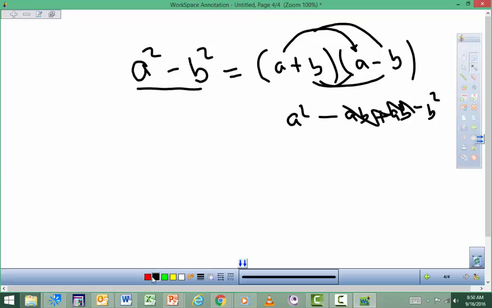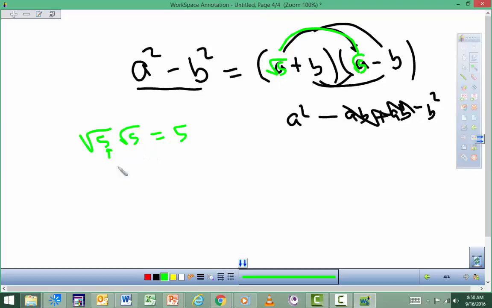Now this gives us a clue on how to get rid of square roots. Because if you have a square root 5 here and a square root 5 here, when you multiply them, you're squaring them. And I've showed you before, anytime you multiply a square root times itself, you get the number on the inside.